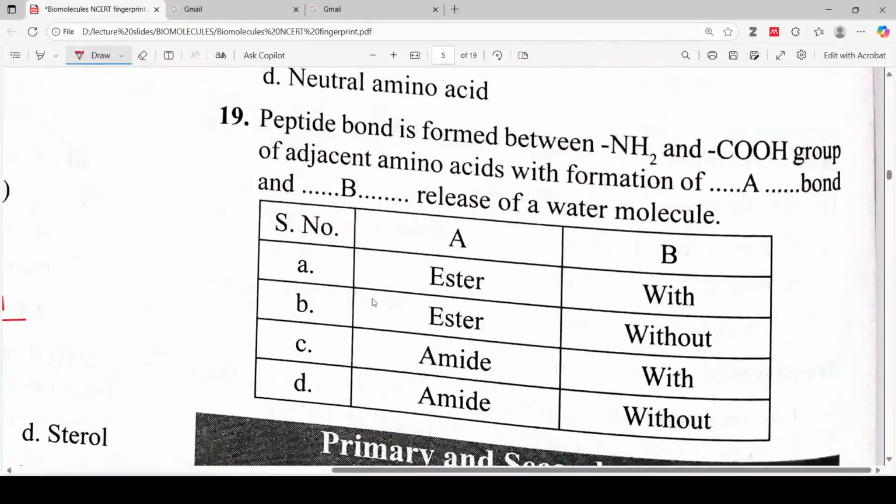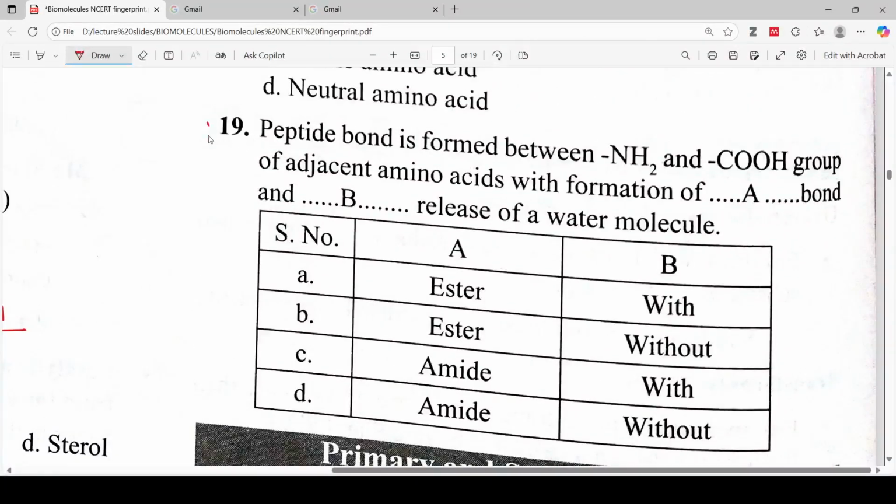Next question. Peptide bond is formed between NH2 and carboxylic group of adjacent amino acids with the formation of A. You have to find out the bond and the release of water. So here 4 options are given and you have to choose the correct answer.